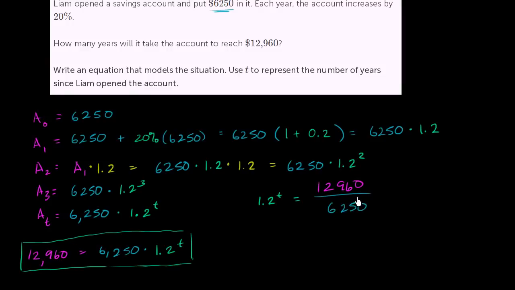And since they're both divisible by 10, why don't we divide them both by 10? So it's 1,296 divided by 625.